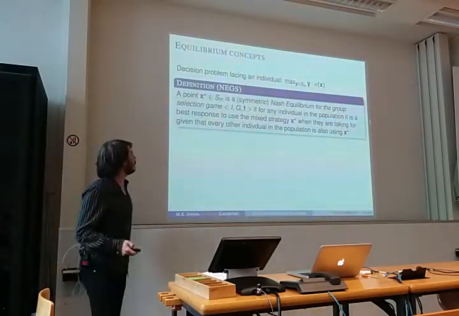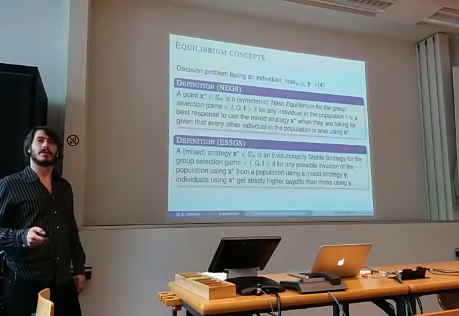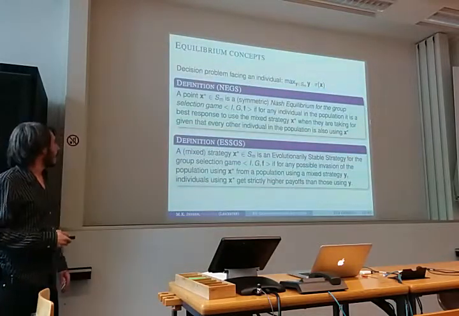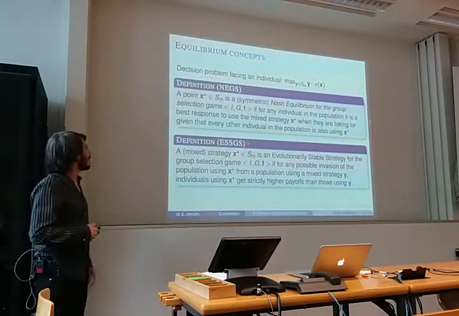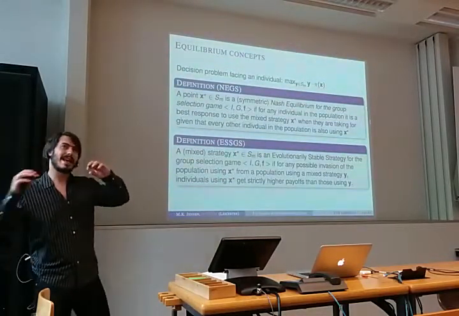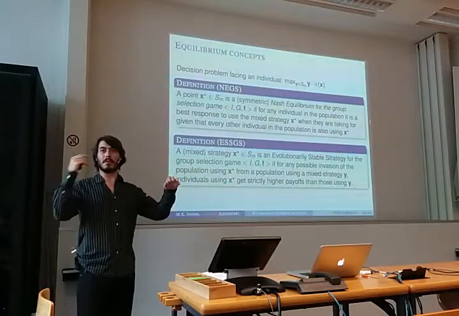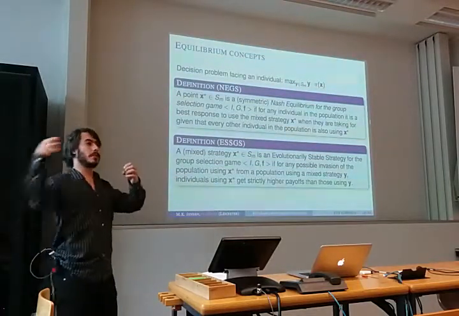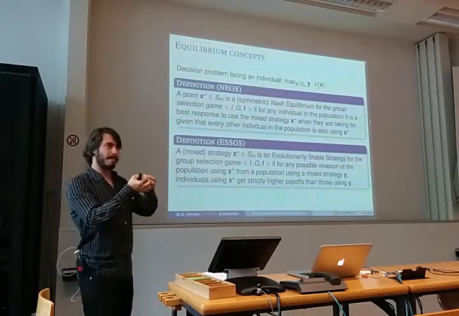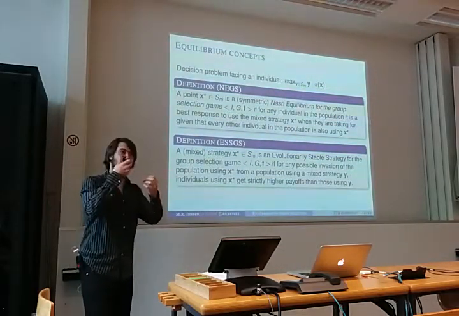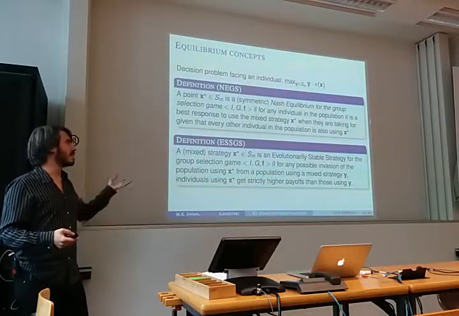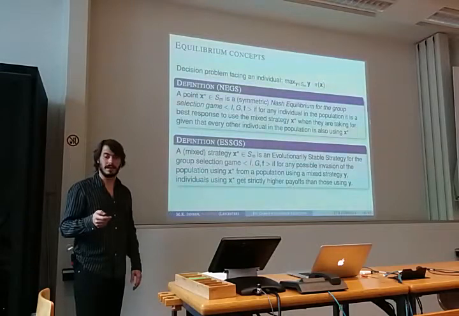Based on that, we can also define an evolutionarily stable strategy under group selection, which means that if you have a uniform population that uses that strategy, and it is invaded by another population using some other strategy, the incumbent strategy would still do better than the invader. So this gives a kind of dynamic stability.